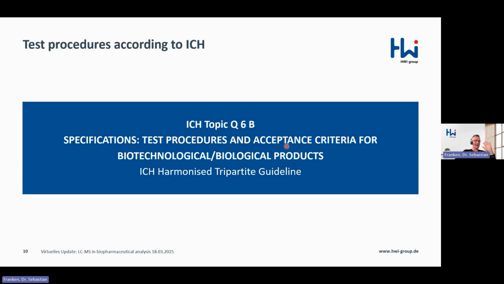Of course, there are other guidelines like Q5C that tells us something about stability testings of these products, and of course all these EMA and FDA guidelines where you also can have a look at. But I choose this one as an example.